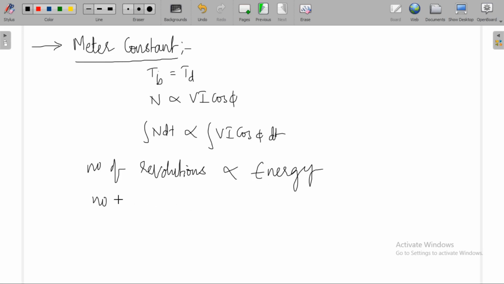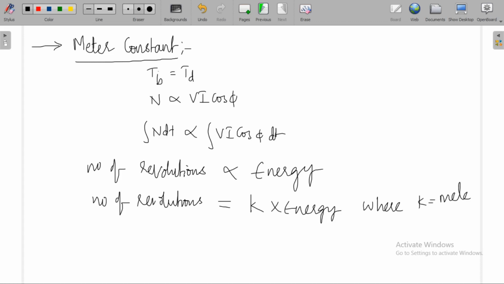So the number of revolutions made by the disc is equal to some constant K into energy, where K is the meter constant.